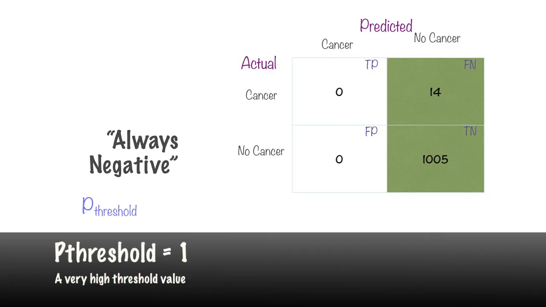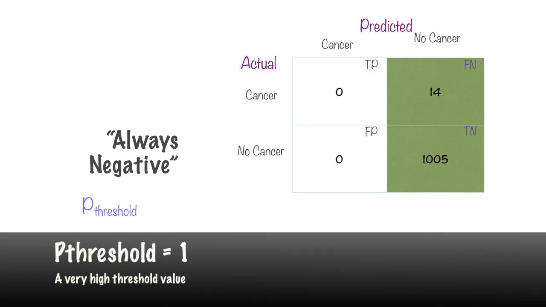If our p threshold value is set to 1, our machine learning model becomes an always negative classifier, because it will always say that the person or the medical diagnosis is that there is no cancer. The threshold value is very, very high, none of the probabilities will go beyond the threshold value, so our cancer diagnosis will always be negative.